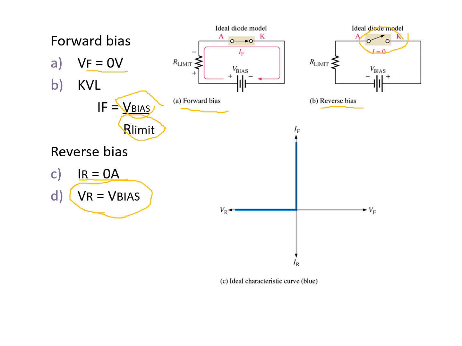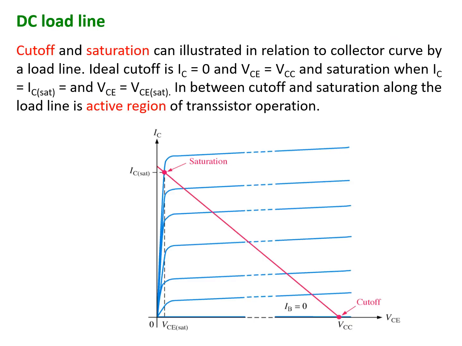Now, cutoff and saturation can be illustrated in relation to the collector curve by a load line. Ideal cutoff is IC equal to 0 and VCE equal to VCC.